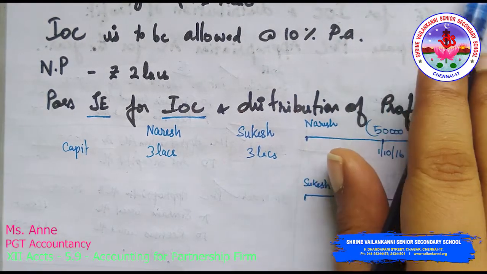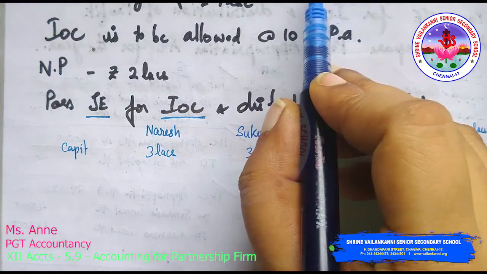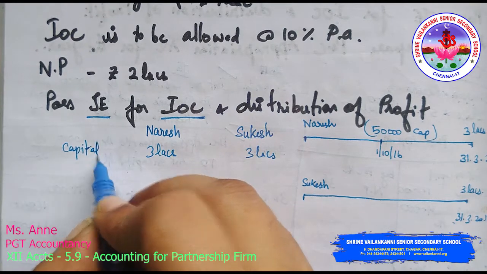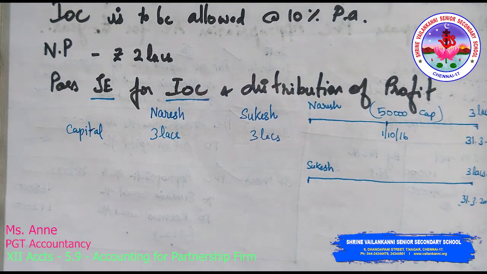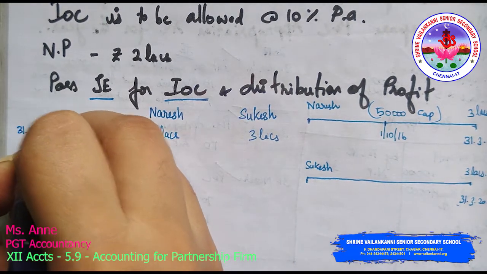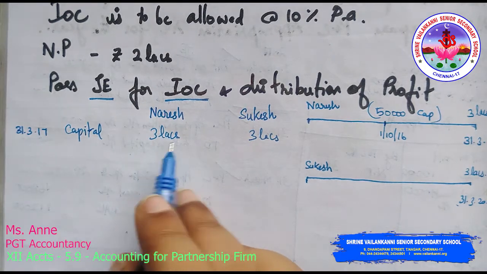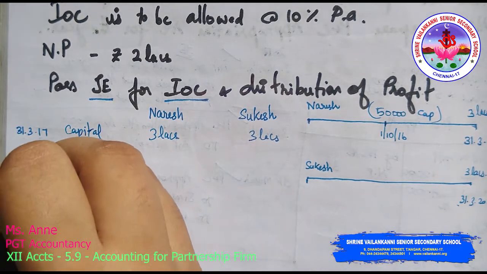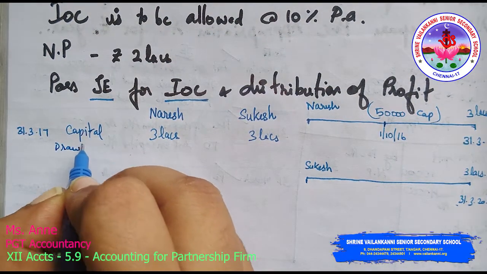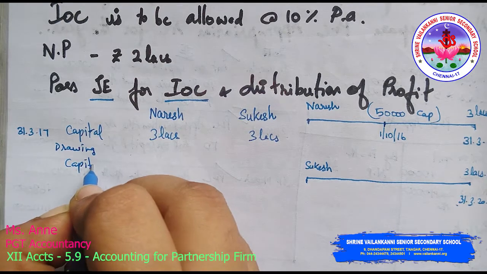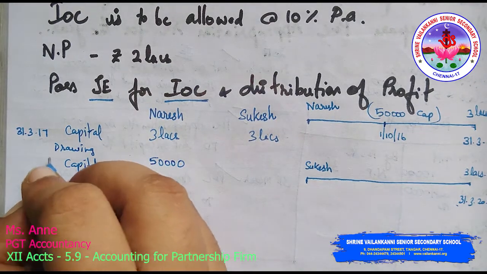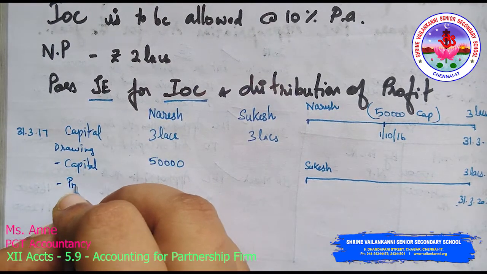And also rupees 1 lakh besides the drawings against capital. So I'll just write it like this. You can see here, capital as on 31/3/2017 was 3 lakhs and 3 lakhs. Before that, drawings in the form of capital was 50,000, and drawings in the form of profits.